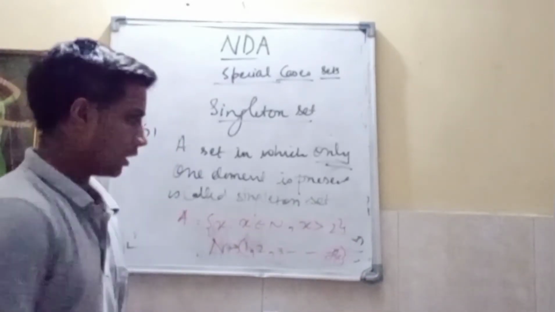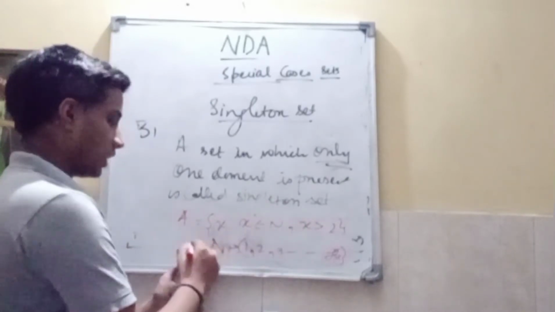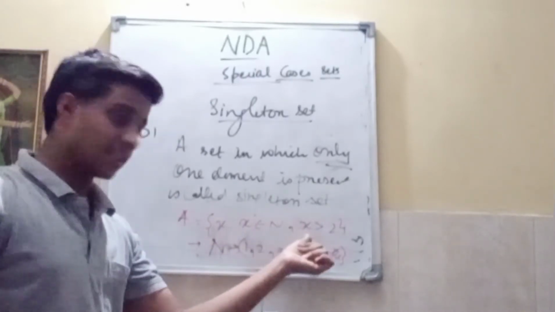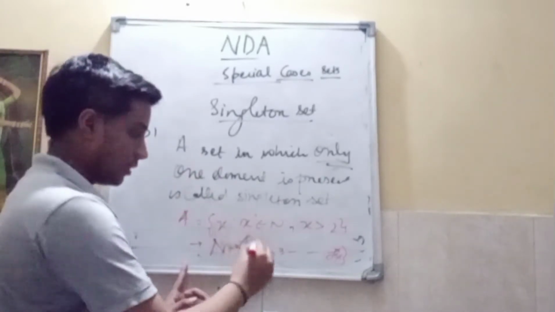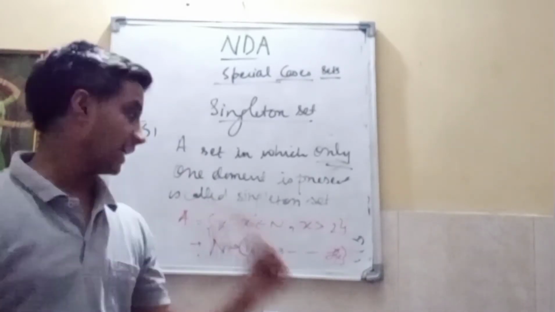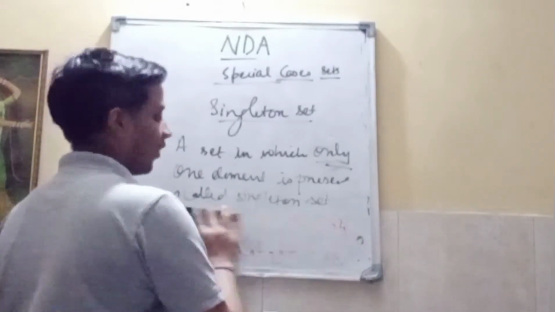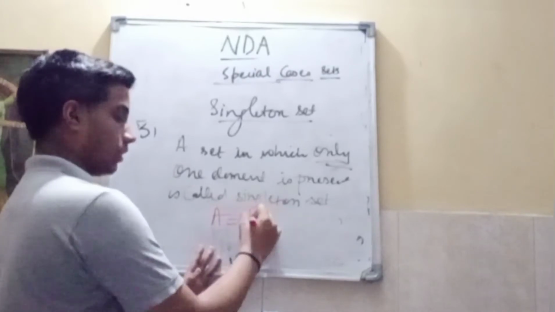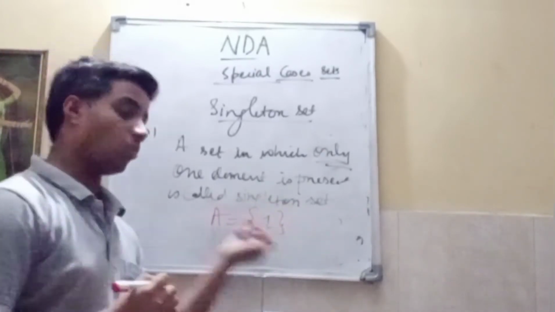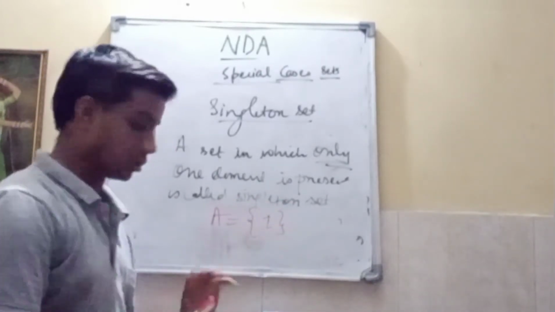But the condition is that x should be less than 2. The only number that is less than 2 in this is 1. So it has only one number that satisfies this condition, that is 1 itself. So the answer is {1} in curly braces. This is the answer for the question.